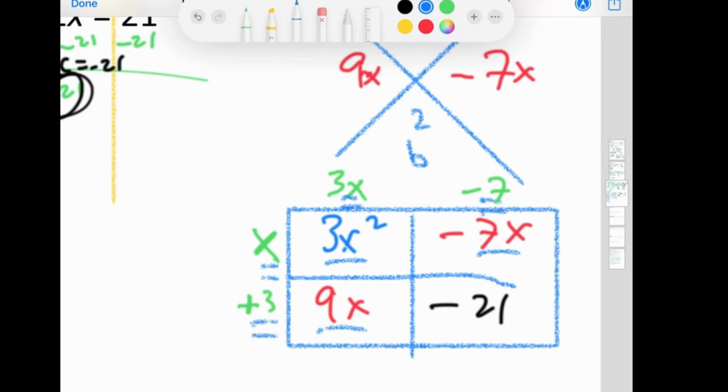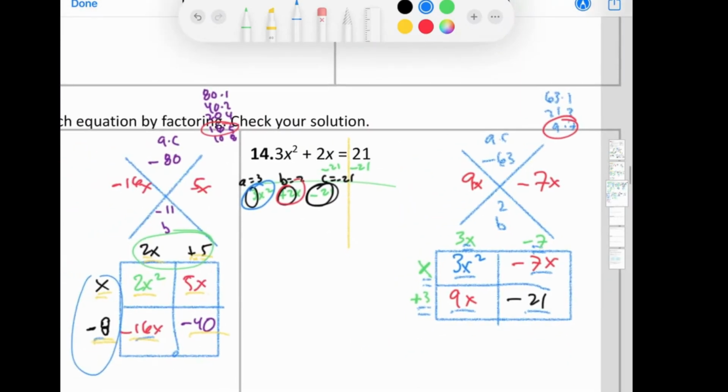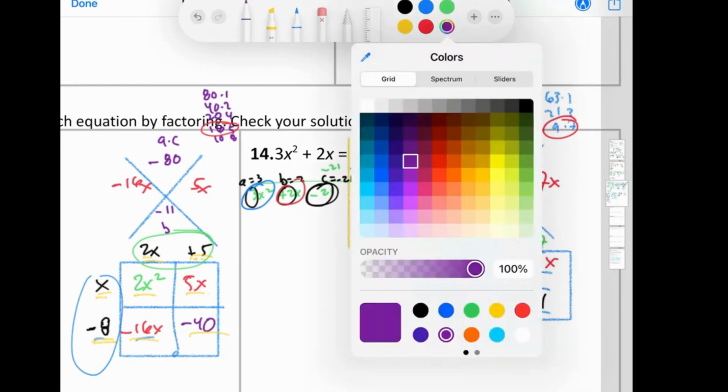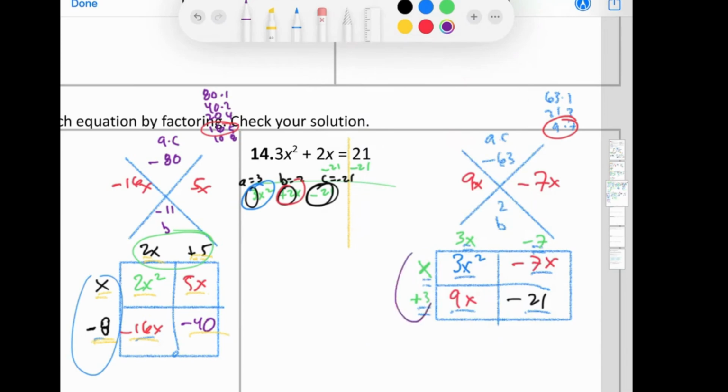And 3 times negative 7 is negative 21. So we have x plus 3 and 3x minus 7 equals 0.